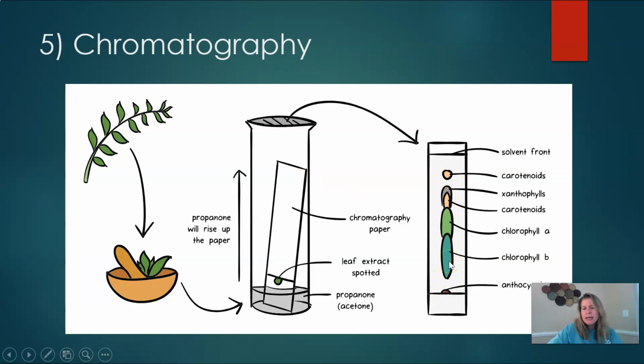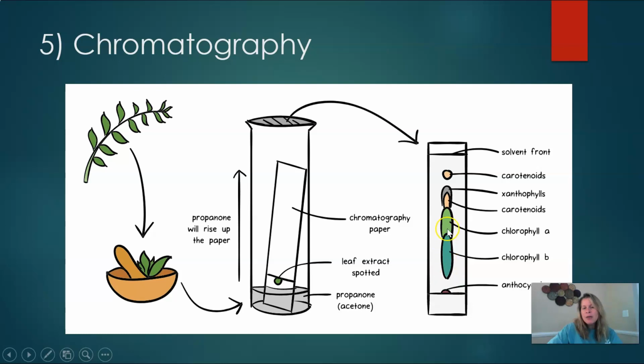Those pigments that adhere to the paper really well stay down here. Those pigments that have larger molecules would stay down here. They wouldn't travel as far. Those pigments that don't dissolve very well, that are not very soluble, would stay down here.